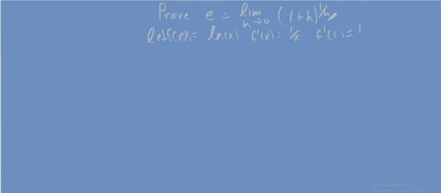So we're going to have f prime of 1 is equal to the limit as h goes to 0 of ln of (1 plus h) minus ln of 1, all over h. All right. Right away we see that this ln of 1 is going to go to 0. Okay. Well, hopefully you see it.